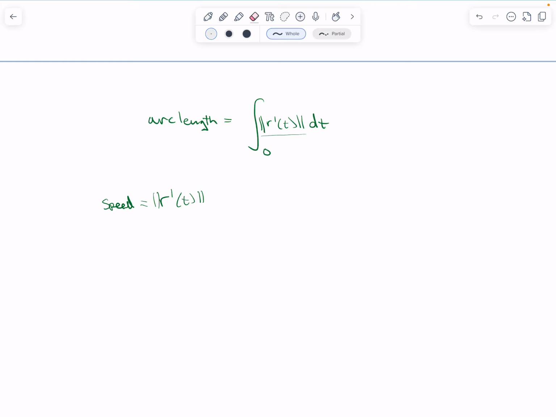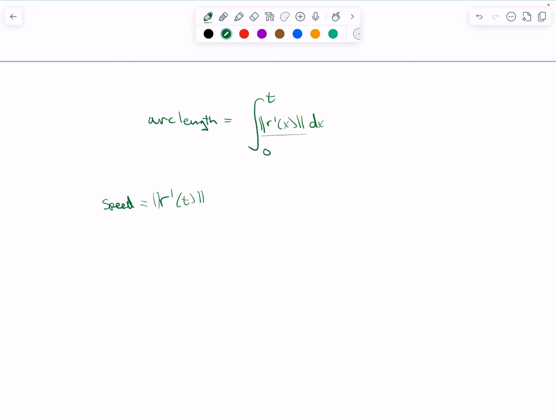And so if you want to know how far you've gone, I guess I should probably change variables here. I can't use an S there. I'm going to put an X in here.